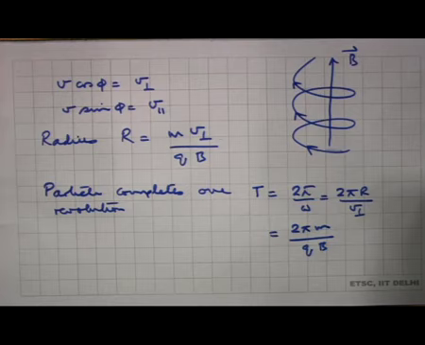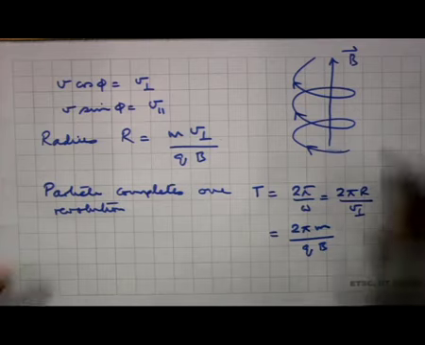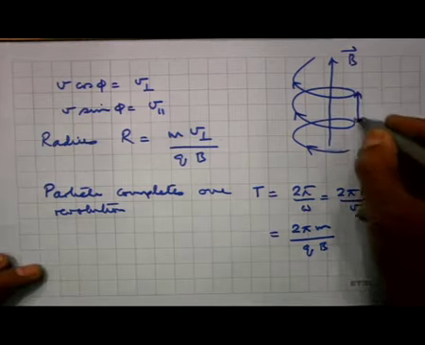The time taken by the particle in completing one circular path is T equal to 2 pi m by q B, and in this time the particle would have moved a certain distance.